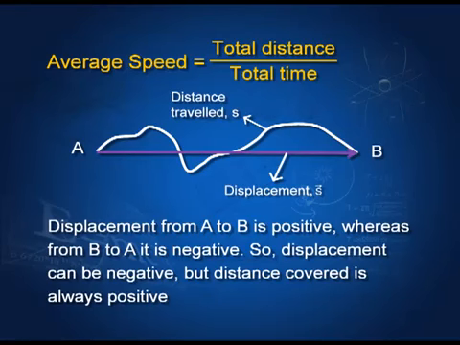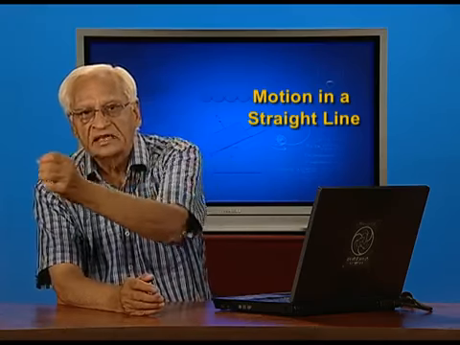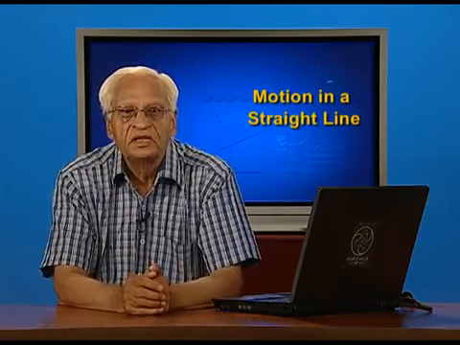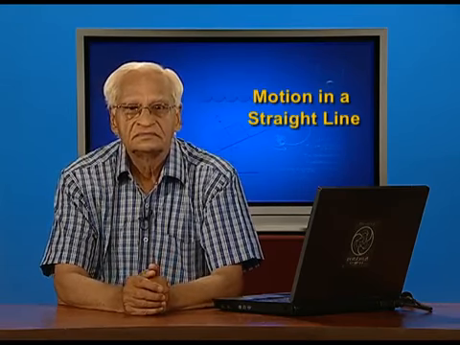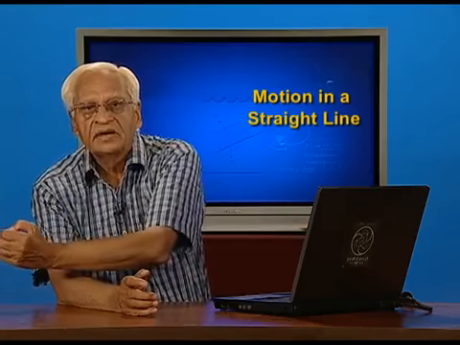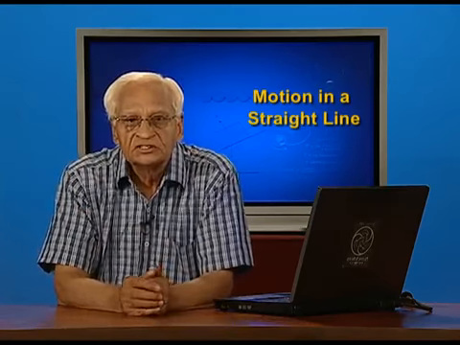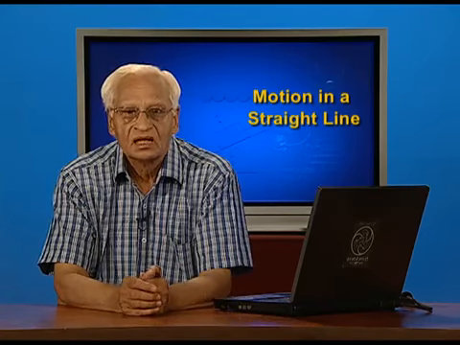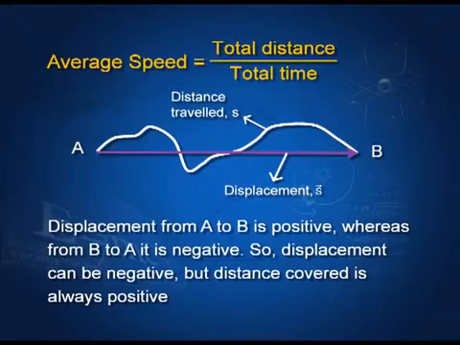We go from A to B and we take a very meandering path, and if we measure the length along this path, that would be the distance travelled, whereas the direct arrow from A to B shows the displacement, and the displacement from A to B is the positive displacement, and if we take displacement from B to A, it can be negative displacement.